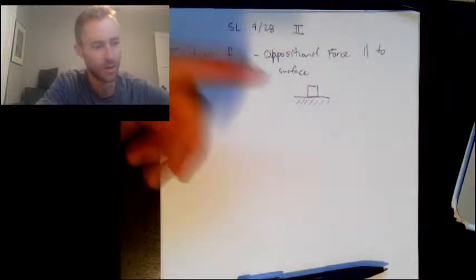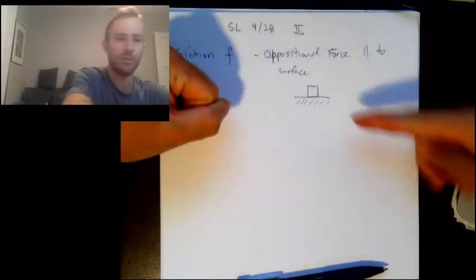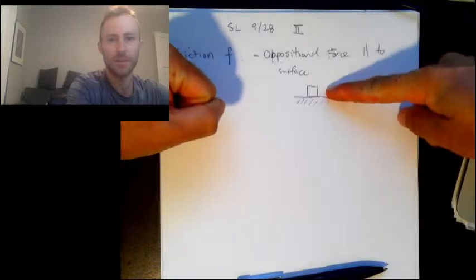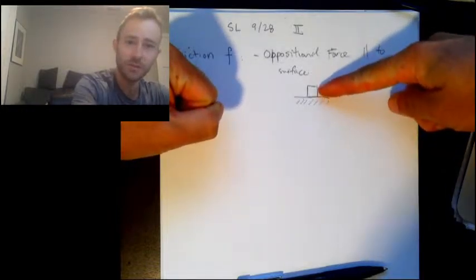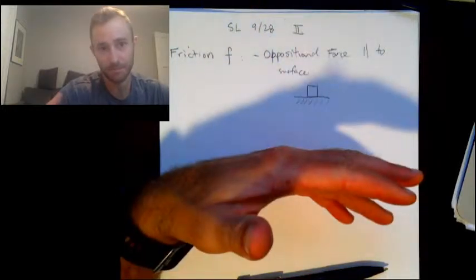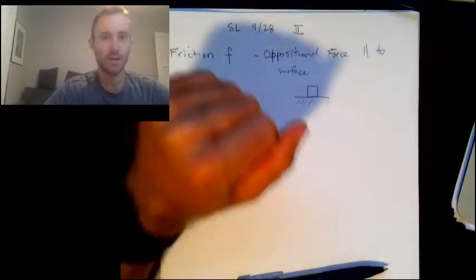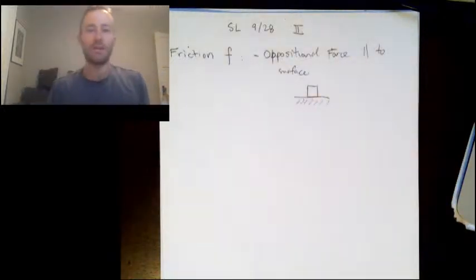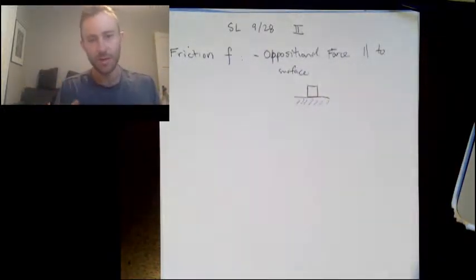It opposes what I'm trying to do to it. If I push on this side so that I'm trying to push the object to the left, then friction is going to fight me and be a force to the right. Okay? So it's parallel to the surface, and it could be in any direction, whatever direction is opposing the motion.